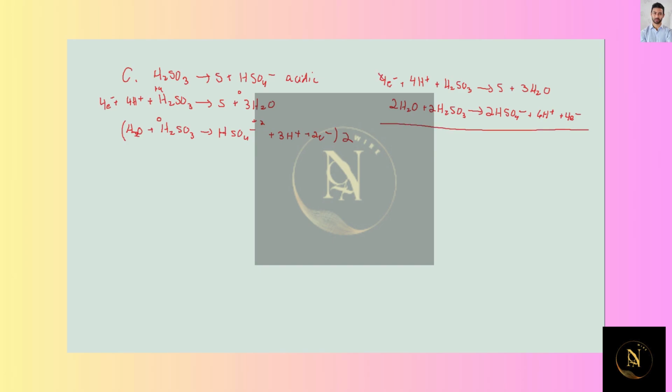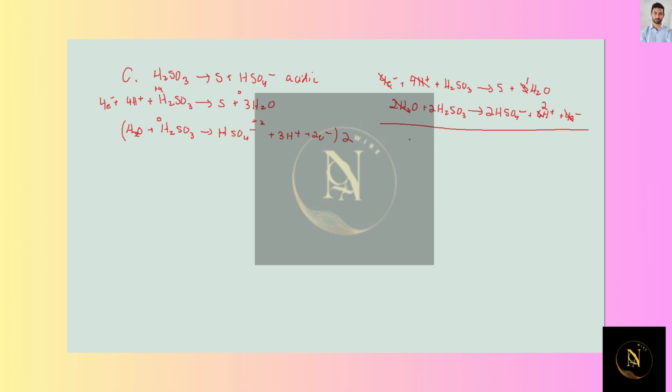And now I'm going to simplify. My electrons cancel. 2 of my waters cancel here, and I can subtract the 2 here to make that just 1 water. And then I have H pluses. I can subtract the 4 H pluses over here to make that a 2. All right, so now I can add it all together.